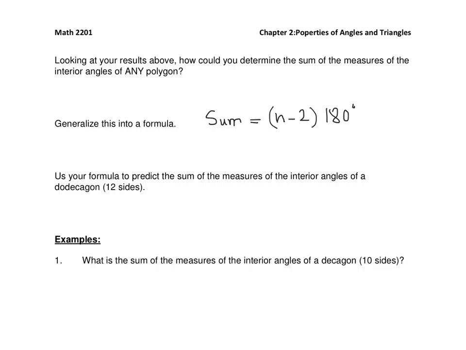So if we use our formula to predict the sum of the measures of the interior angles of a dodecagon, we would know that the sum would be 12 take away 2 times 180, which is 10 times 180, which is 1,800.